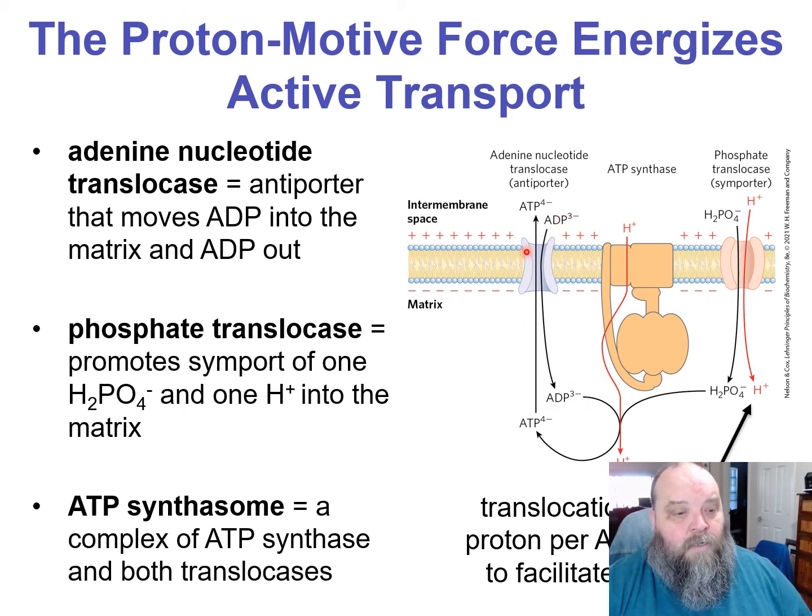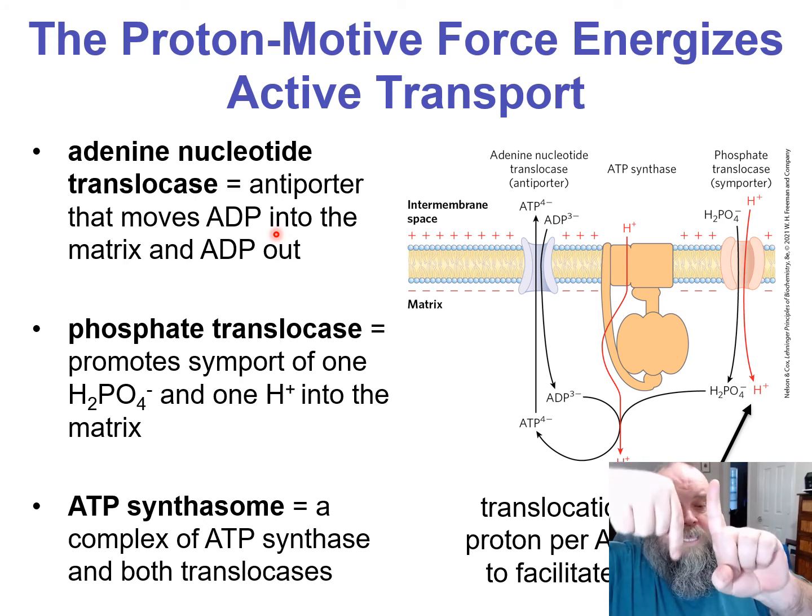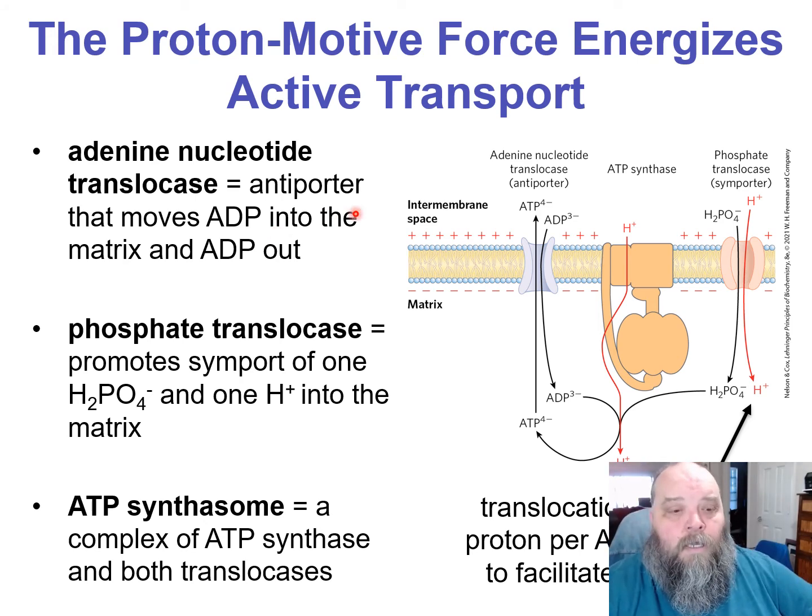Well, it turns out we have an adenine nucleotide translocase, an antiporter. Remember, antiporters are transporters that move things in different directions: ADP in, ATP out. Proton motive force is what's powering this. It's what gets this to occur.